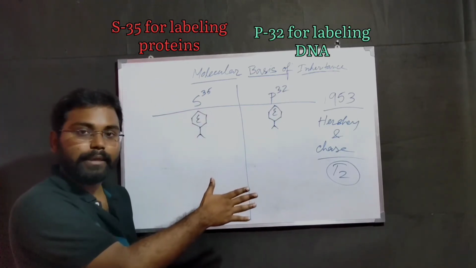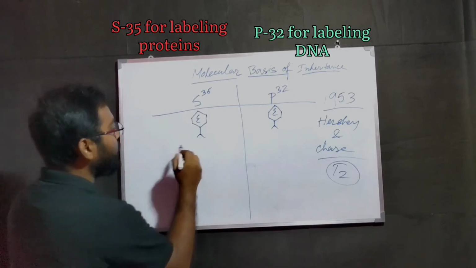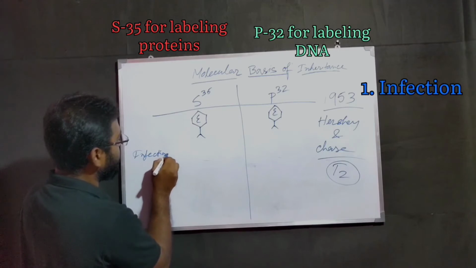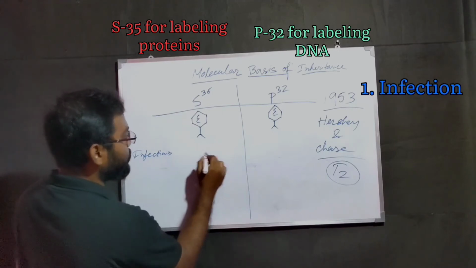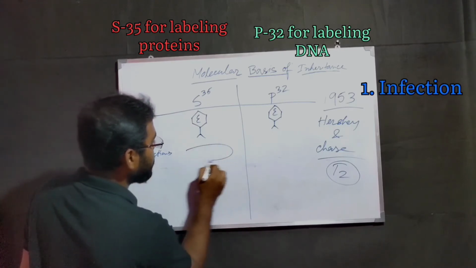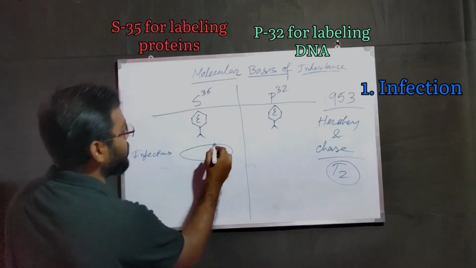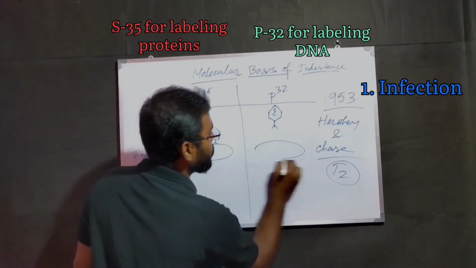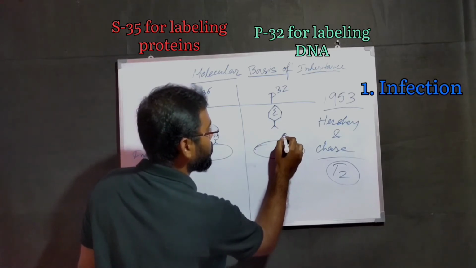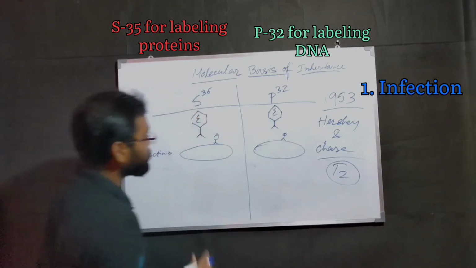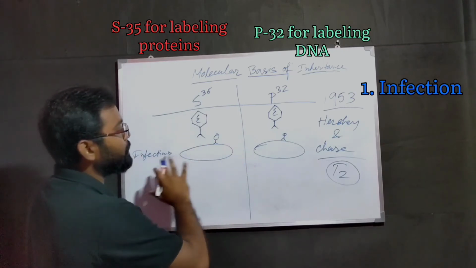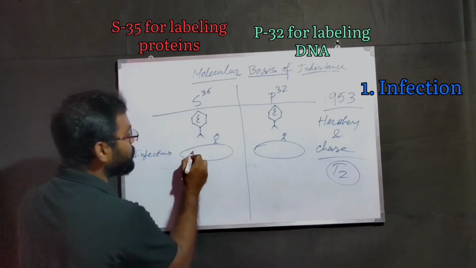This experiment has 3 steps. Number 1 is infection. In this step, the bacteria is infected by bacteriophage in both cases. So they leave them for some time to reproduce.